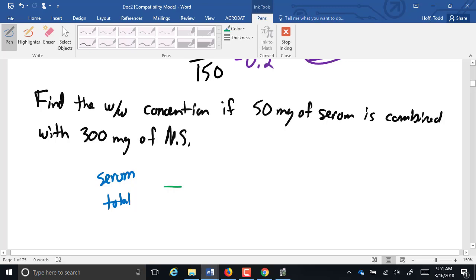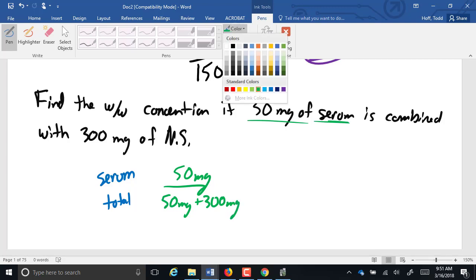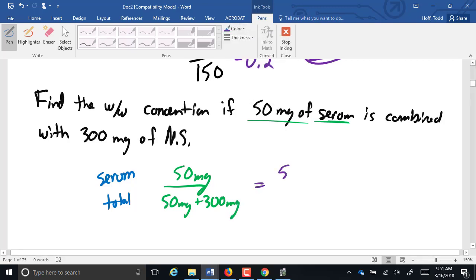Do we have the amount of the serum? 50 milligrams. Do we have the total amount? No, but we can do 50 milligrams plus 300 milligrams. So that gives us 50 over 350. Now, are you guys used to doing the equals, blank over 100? Or are you guys used to just dividing it out, getting the decimal and moving the decimal?